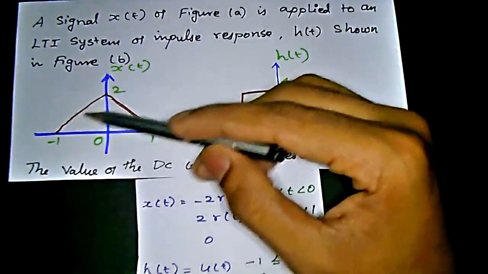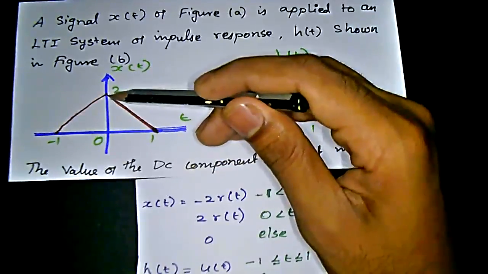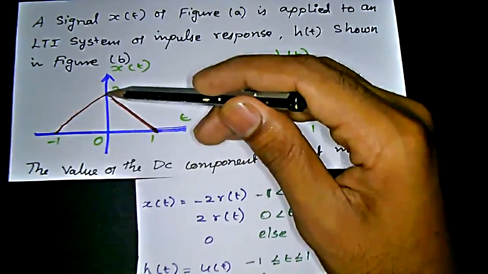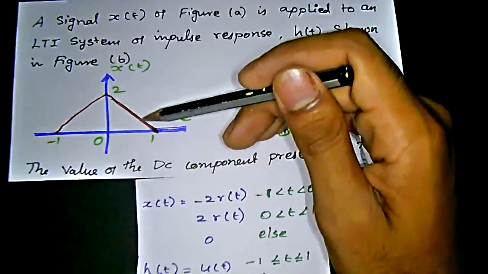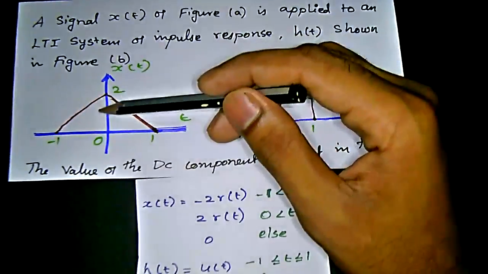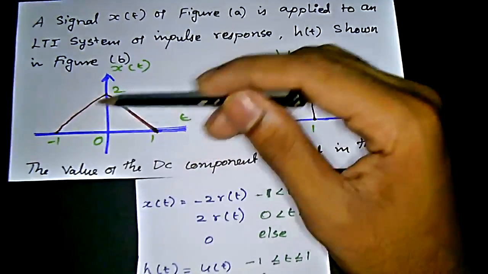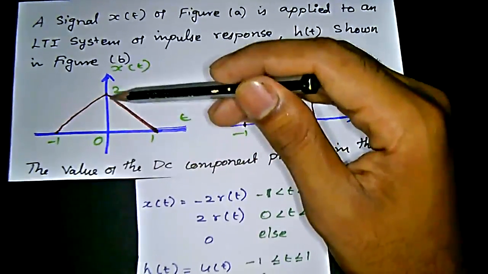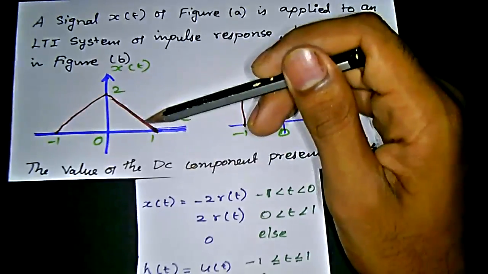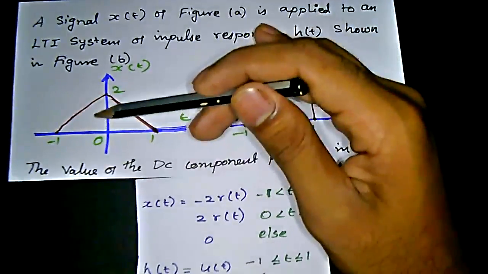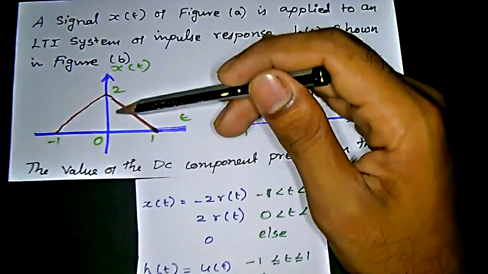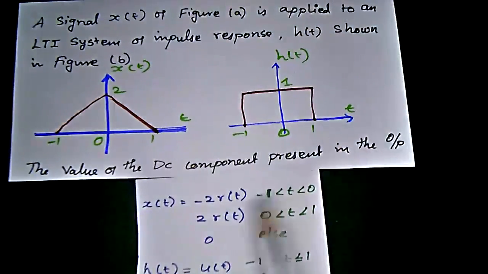After the zeroth point, on the second coordinate we have an increasing ramp signal and on the first coordinate we have a decreasing ramp signal. So these are the things we have to put into the equation, x of t equal to minus 2 r of t.